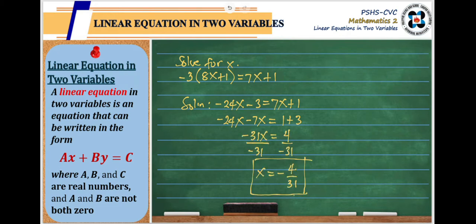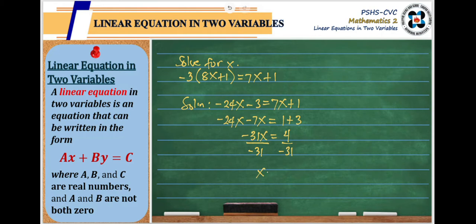So simplifying our equation further, we can combine similar terms. Negative 24x minus 7x is negative 31x, and this is equal to 1 plus 3, that's equal to positive 4. And then to solve for x, we need to divide both sides by negative 31.